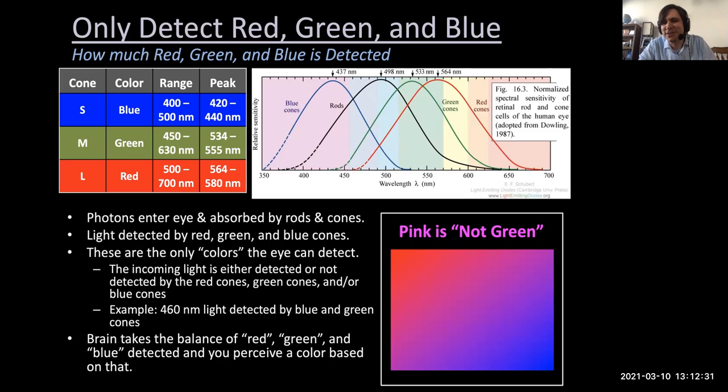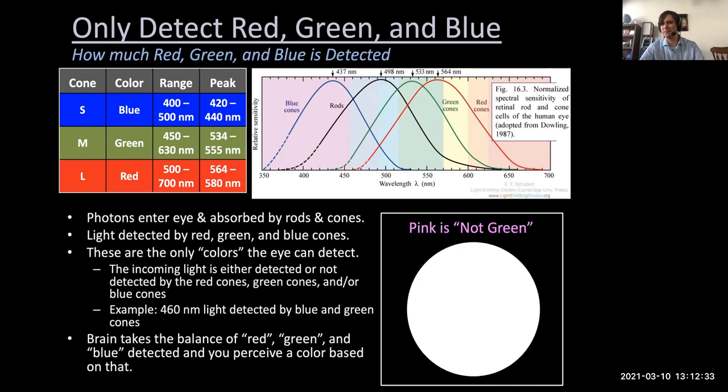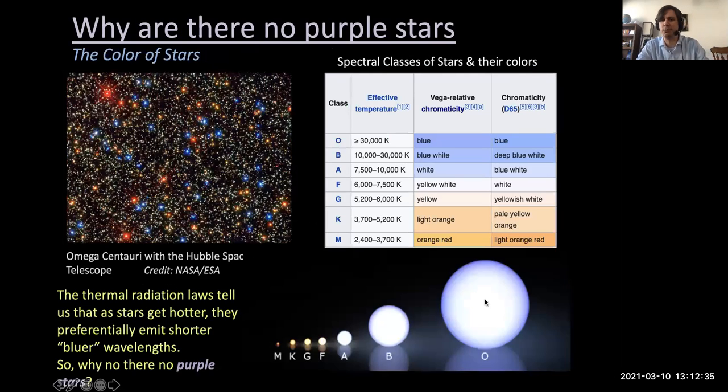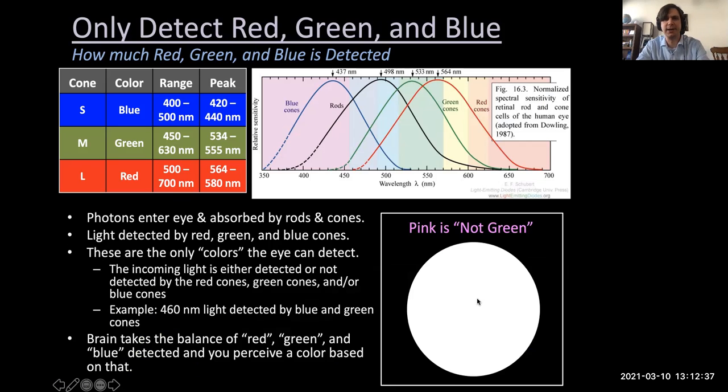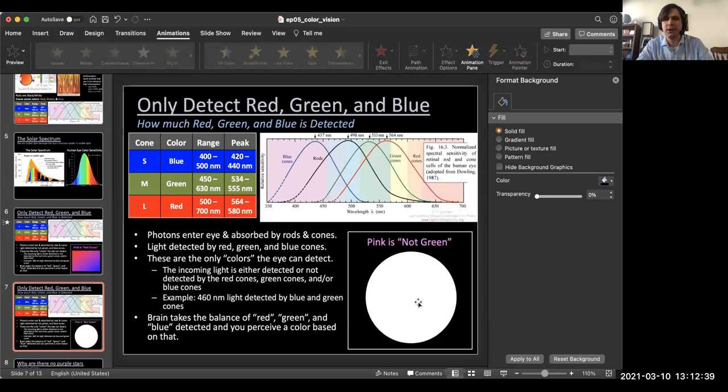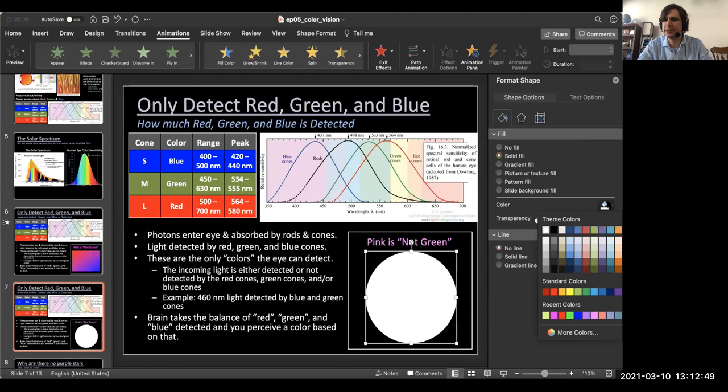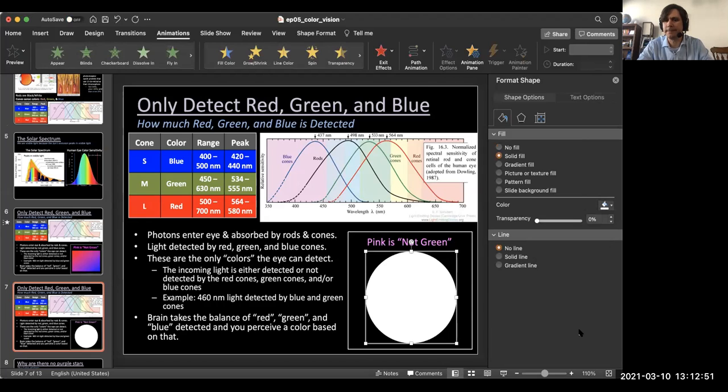And I want to go ahead and give you a physical demonstration that pink is not green. So here I just have a white circle, and give me a second here. What I'm going to do is physically manipulate the color of this circle. So let's click on the circle and change its color.